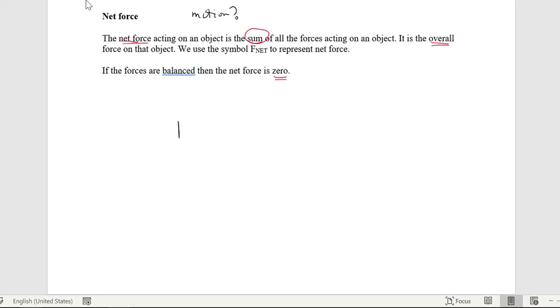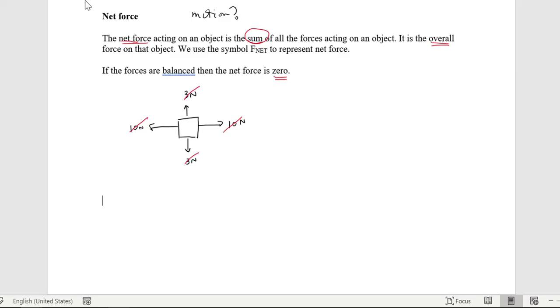So let's imagine here's an object, and there's a force of 10 newtons acting this way, 10 newtons acting this way, 3 newtons acting this way, and 3 newtons acting this way. So that's the forces acting on the object. If you look, this force and this force cancel each other out.